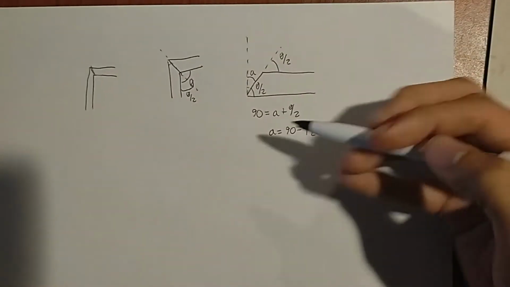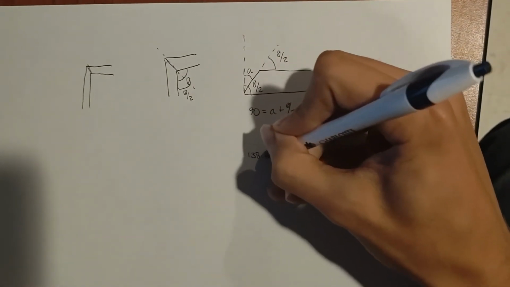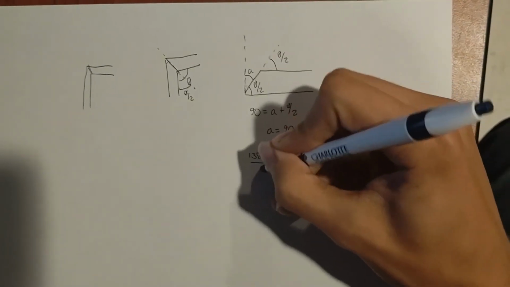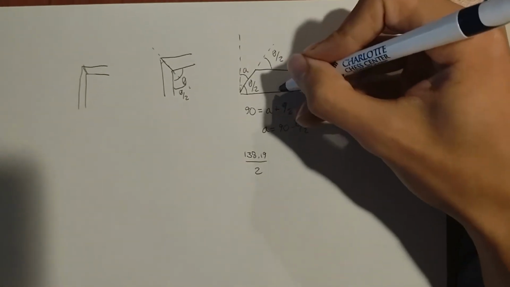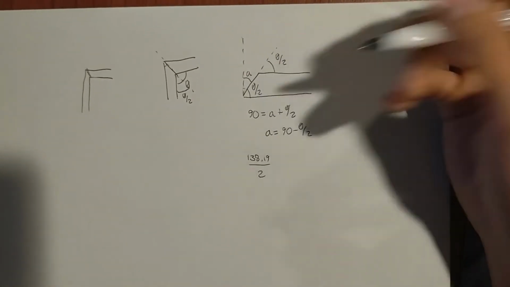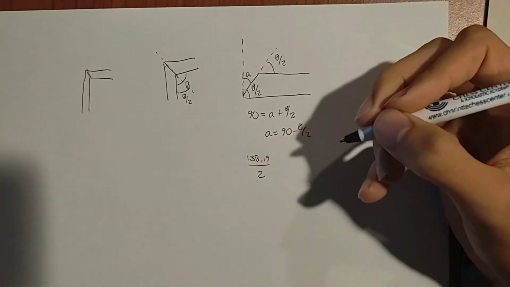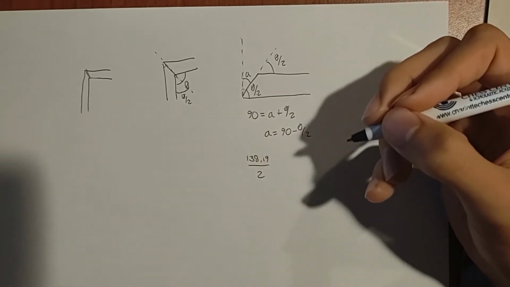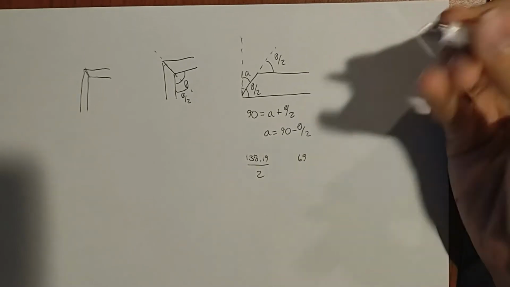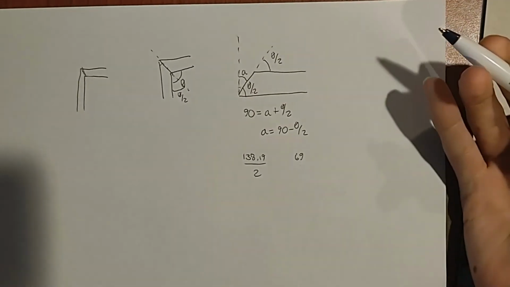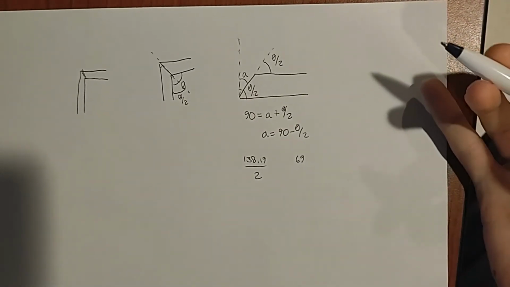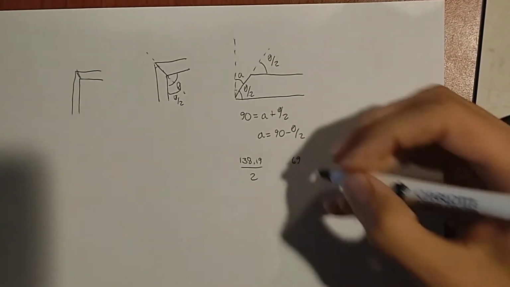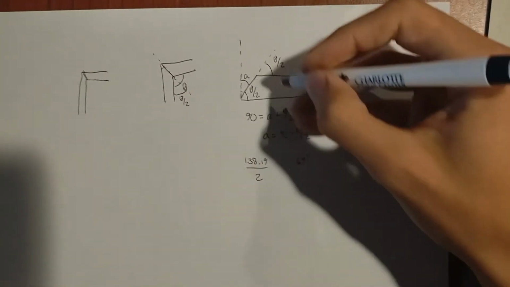Now, 138.19 divided by 2, that would be from the horizontal, and that's about, what is that, 65, 60, 69? So that's about 69, I believe. Yes. So that's about 69 degrees from the horizontal.